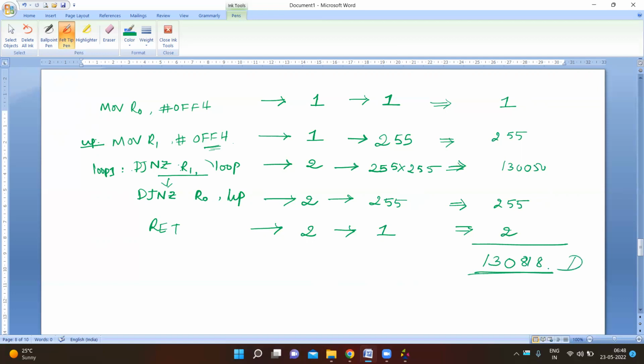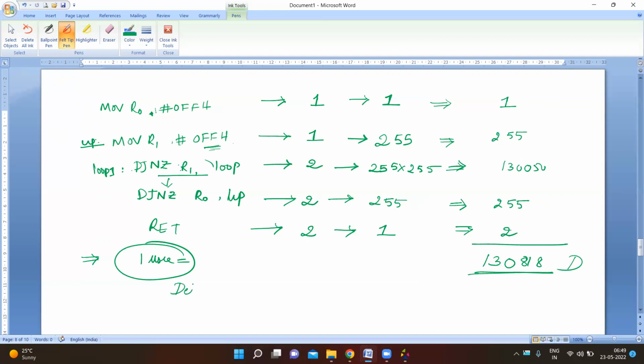As we know, the time required to complete one machine cycle is 1 microsecond. Therefore, how much time is required to complete 130818 machine cycles?